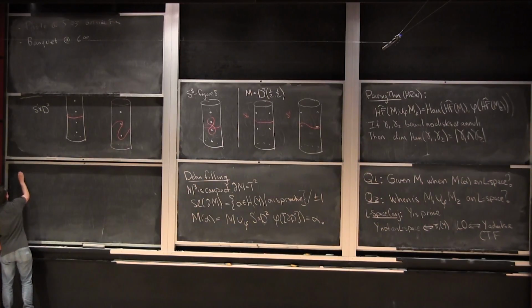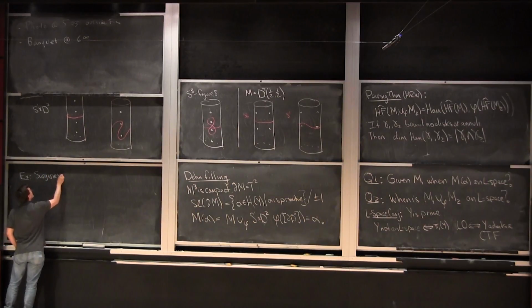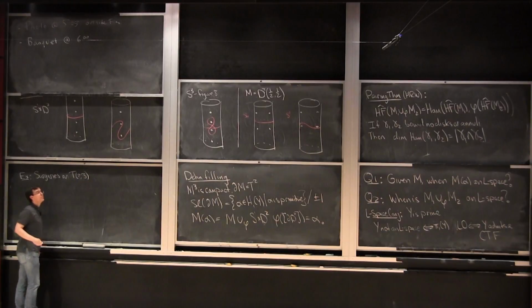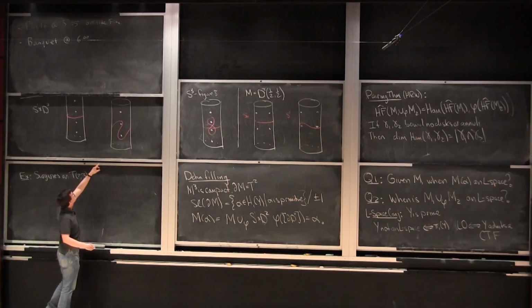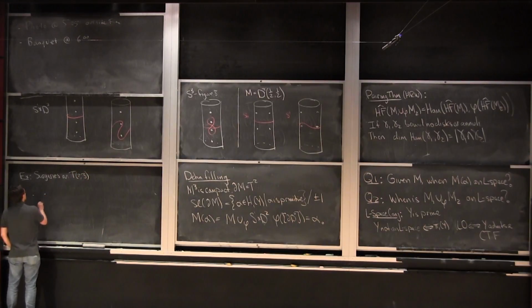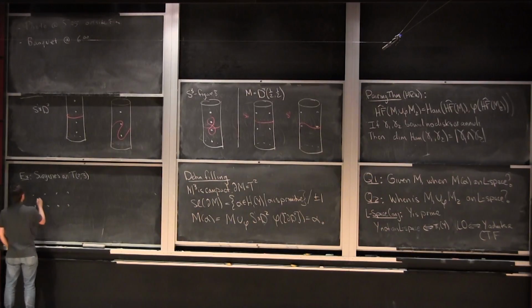So maybe just as an example, let's think about surgeries on the trefoil. I drew the invariant of the trefoil up there. It's a little bit easier to see things if we unroll this cylinder to produce a diagram in the plane.